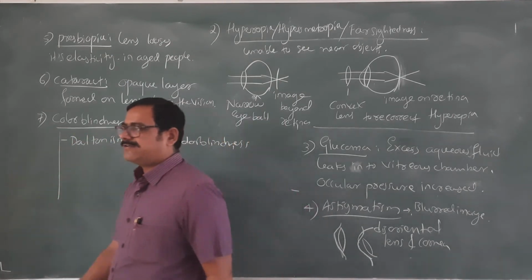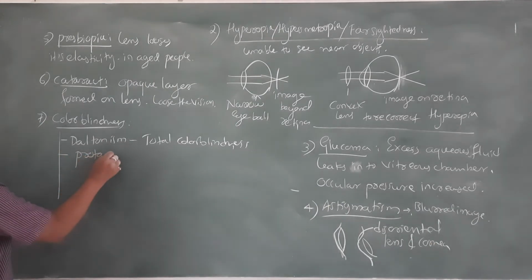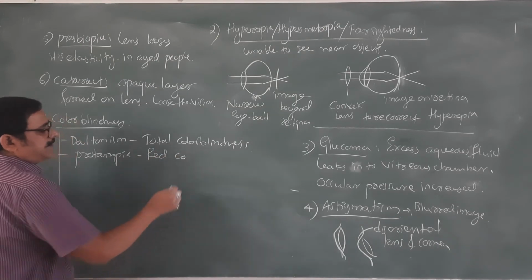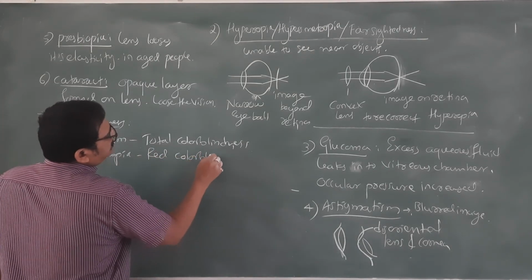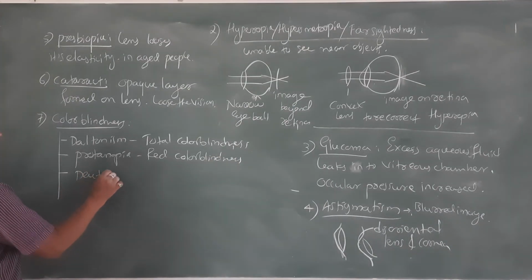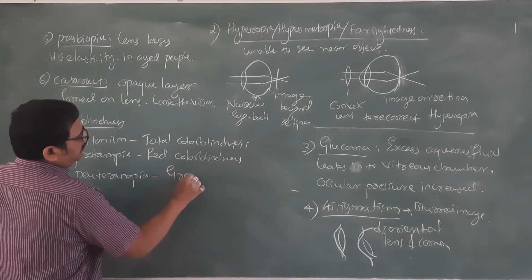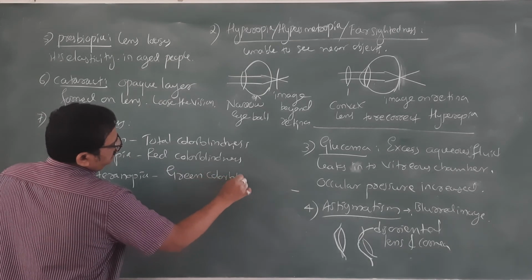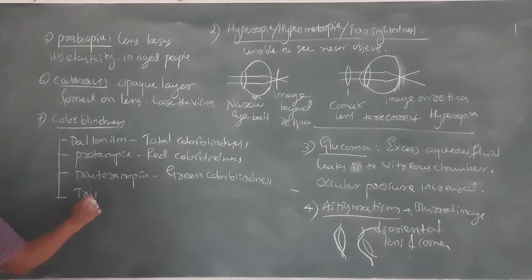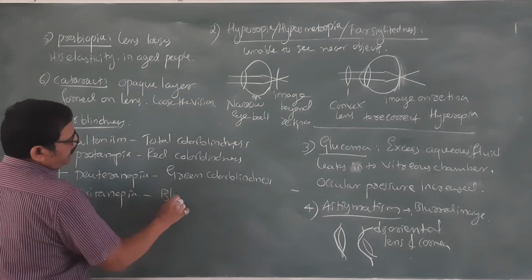There is one more called protanopia, which is red color blindness. He can see everything but not red. Next is deuteranopia, which is green color blindness. Then tritanopia, which is blue color blindness.